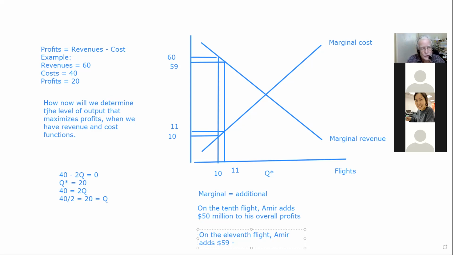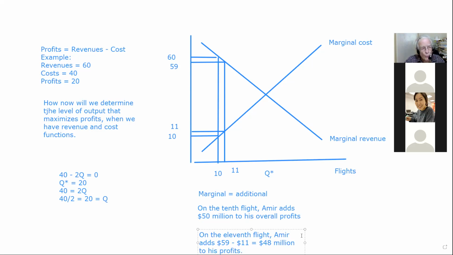And his cost, operating costs, paying the pilot, the flight attendant and all the rest, his costs are 11 million. So overall, he is adding $38 million to his overall profits.